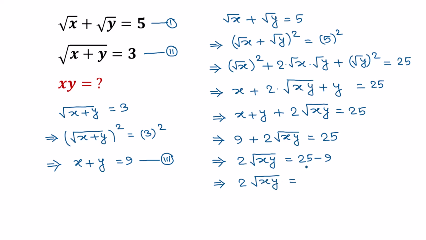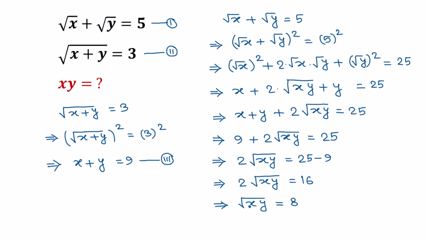This will be 25 minus 9, this is 16. Now dividing both sides by 2 we will get square root of xy is equal to 16 divided by 2, this is 8.